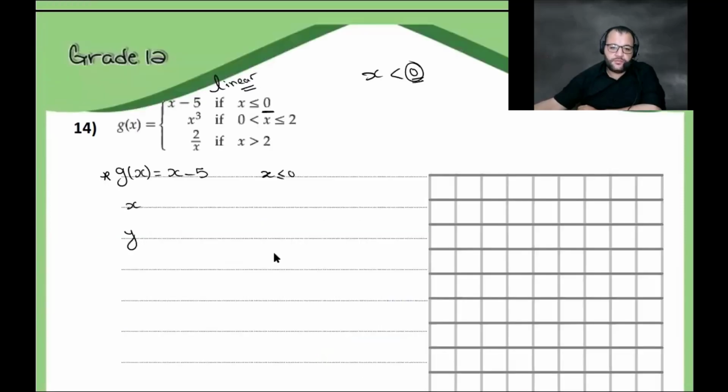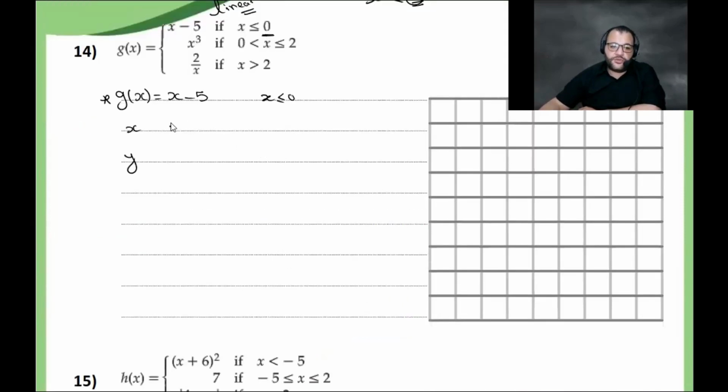So you have to start from 0. What is the next number? Smaller than 0, negative. So -1, -2. So the first one will be -5, then -4, -3. So the second function, which is g of x equals x to the power 3. What's the condition?